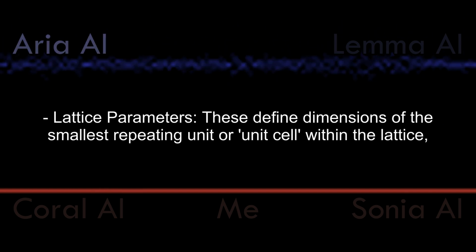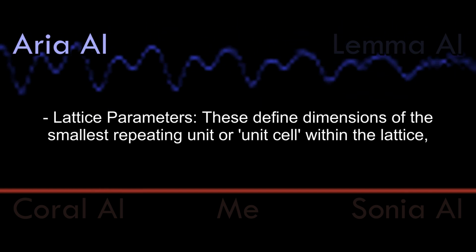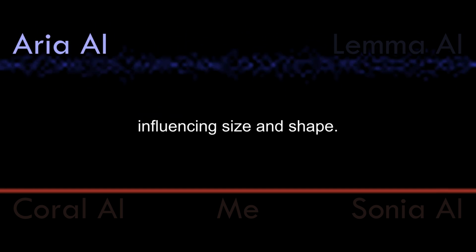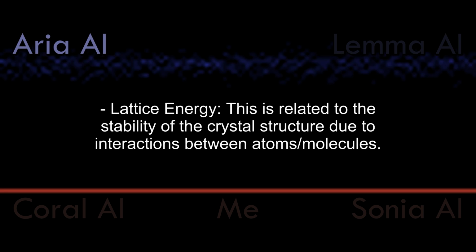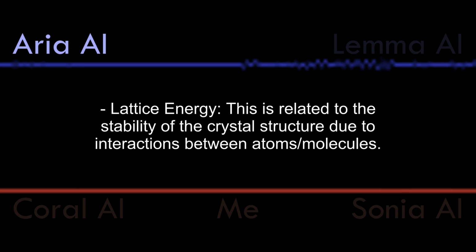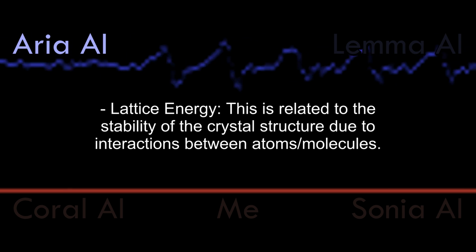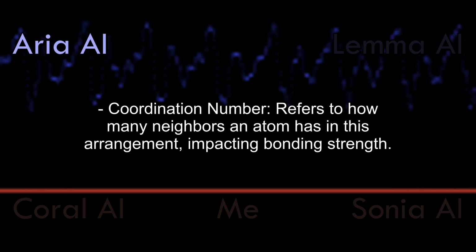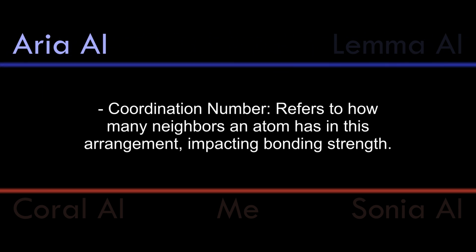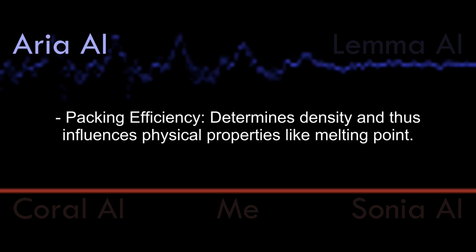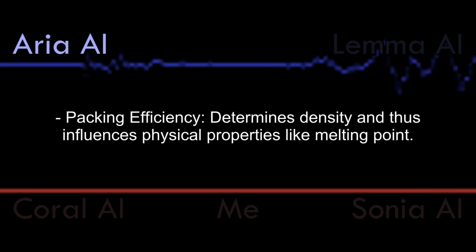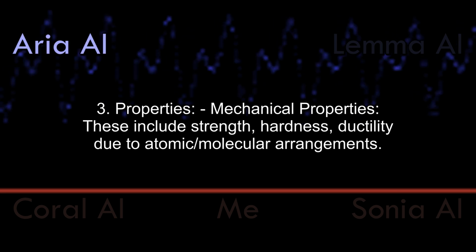2. Characteristics. Lattice parameters. These define dimensions of the smallest repeating unit or unit cell within the lattice, influencing size and shape. Lattice energy. This is related to the stability of the crystal structure due to interactions between atoms/molecules. Coordination number refers to how many neighbors an atom has in this arrangement, impacting bonding strength. Packing efficiency determines density and thus influences physical properties like melting point. 3.